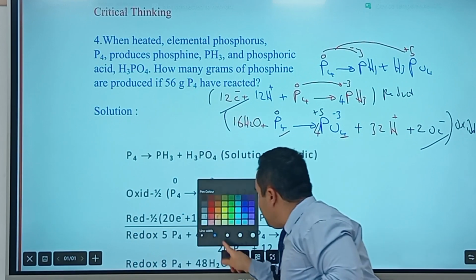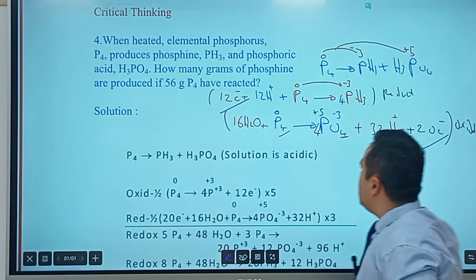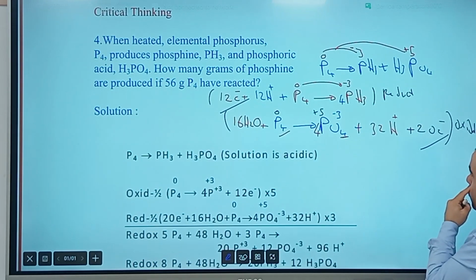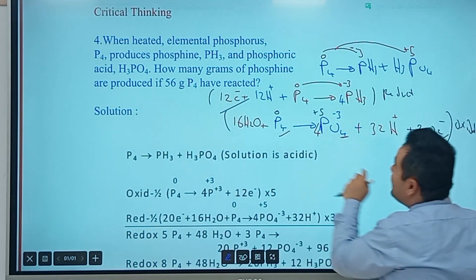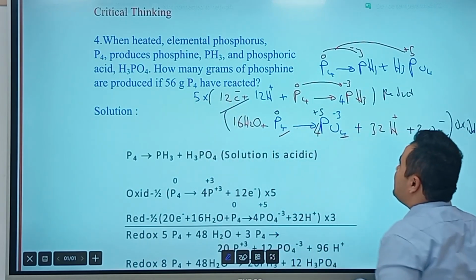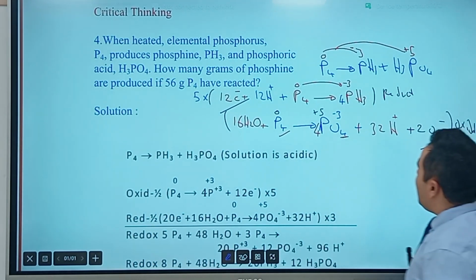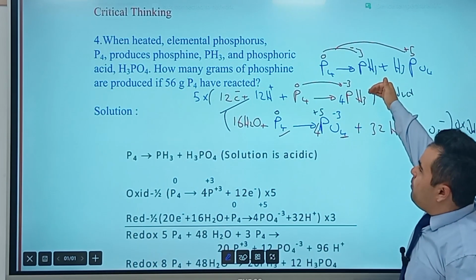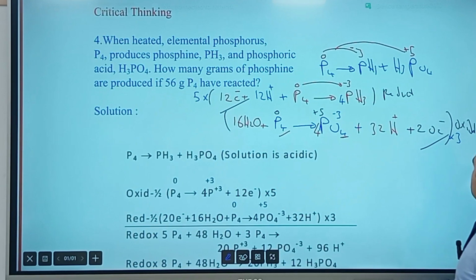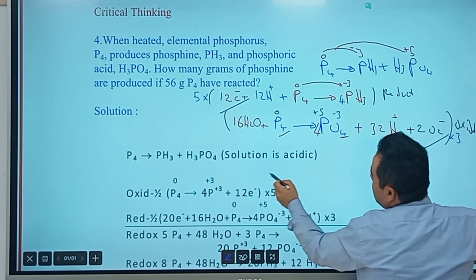No, we have to find a conversion factor between them to equalize them. If we multiply the 12 by 5, we'll get 60, and multiply 3 by 20, you'll get 60. So by multiplying the reduction half by 5 and the oxidation half by 3, we'll get the same number of lost or gained electrons.